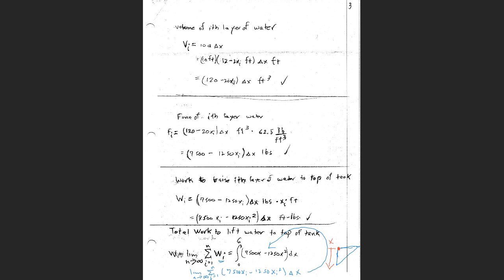And so here, at the top of the tank, the ith layer of water would be at level x equals 0. Whereas here at the bottom of the tank, the ith layer of water would be at distance x equals 6 feet from the top of the tank. And all the other layers are somewhere between 0 and 6 feet below the top of the tank.